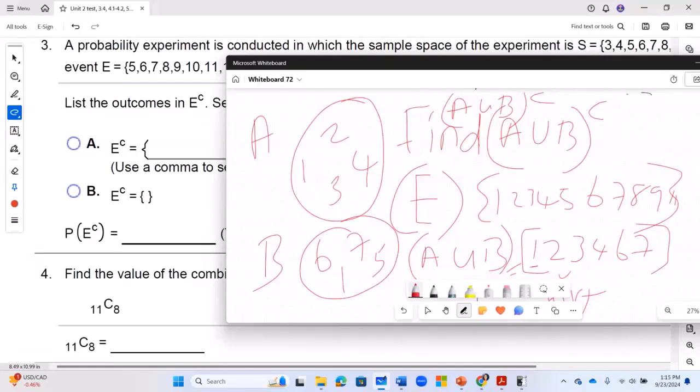Is there anything in the universal set that is not in A union B? Yes, there are 8 and 9, the complement.